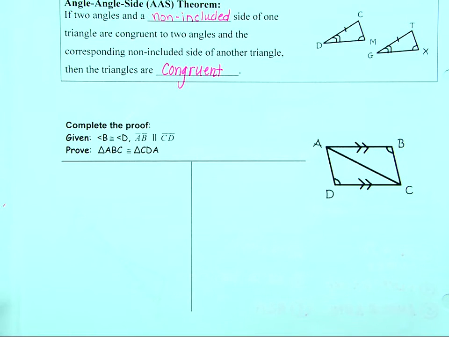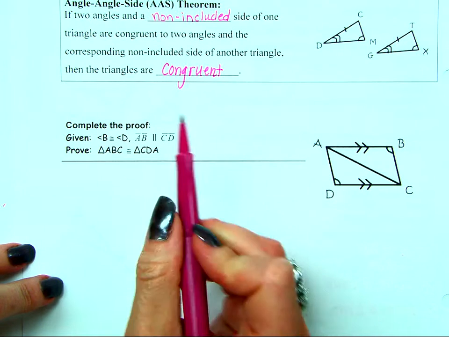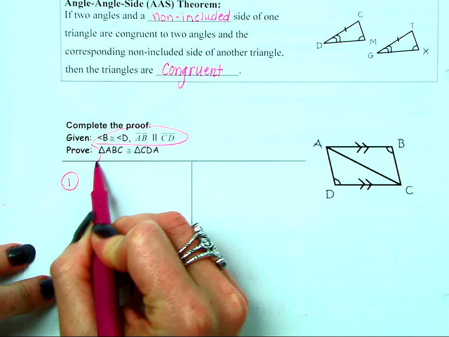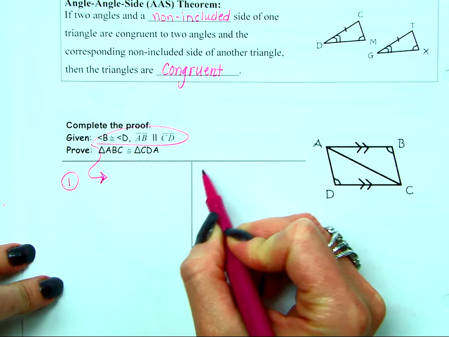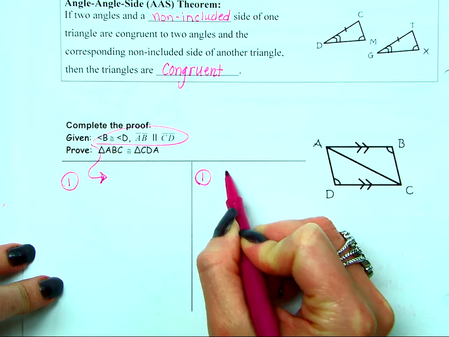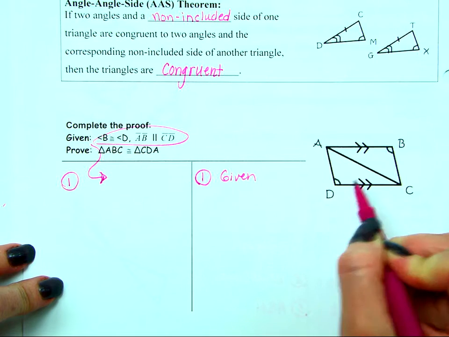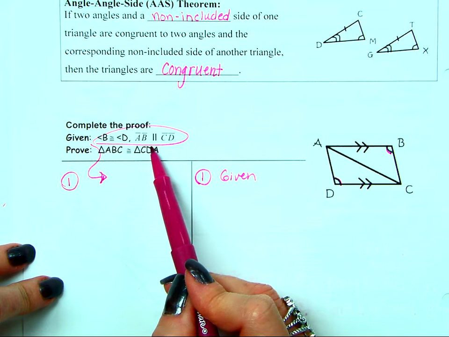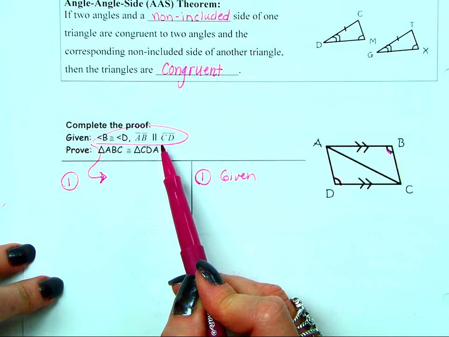Taking a look down below, in my diagram here, they're asking me to prove triangle ABC congruent to triangle CDA. We know, as before, we're going to start out with our given information. Angle B is congruent to angle D. And here they're telling me that side AB is parallel to side CD.